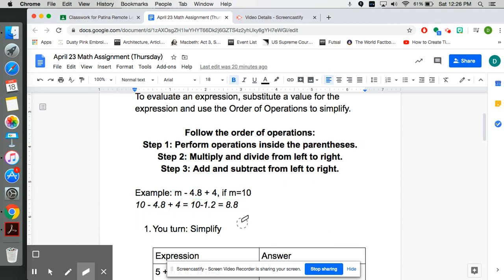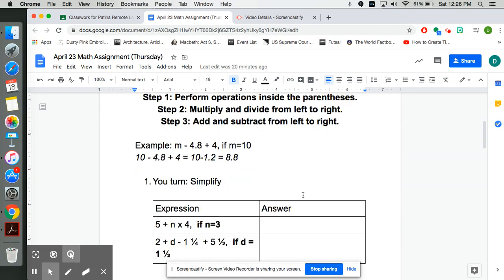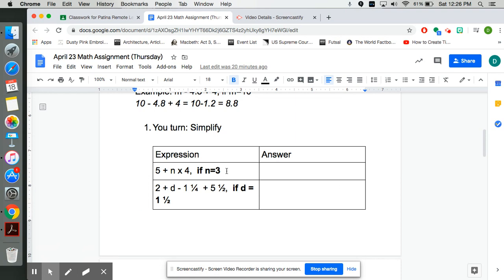All right, so going down now, this is where you get to try this on your own a little bit. This expression is 5 + n × 4. The variable is n, and I'm going to replace it with a 3. So my new expression becomes 5 + 3 × 4.